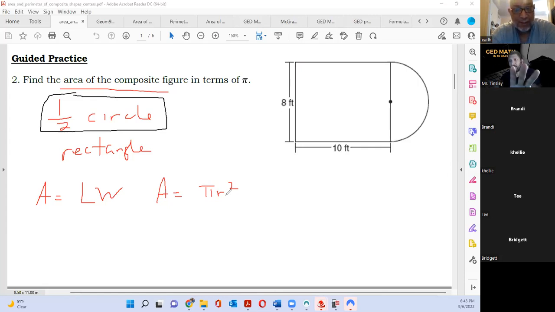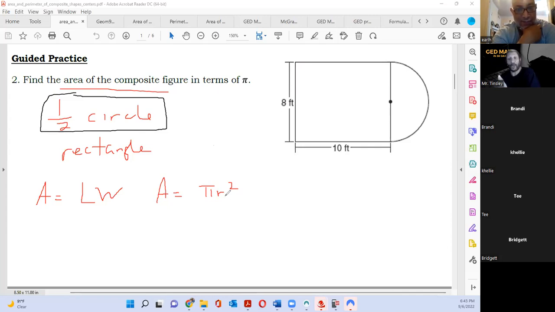Take your time. We know area is pi r squared. That is the area for a full circle. What do we have to divide this amount by to get a half of it? 1/2.